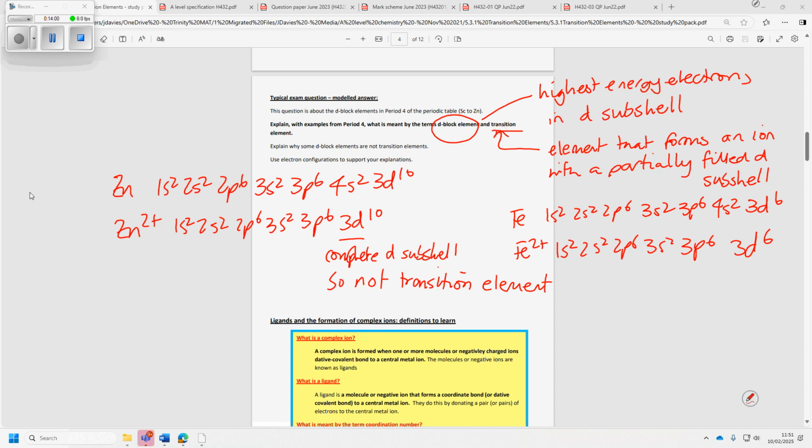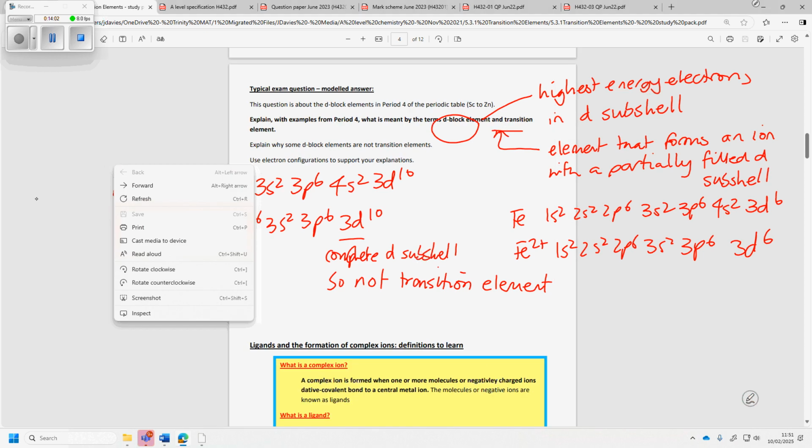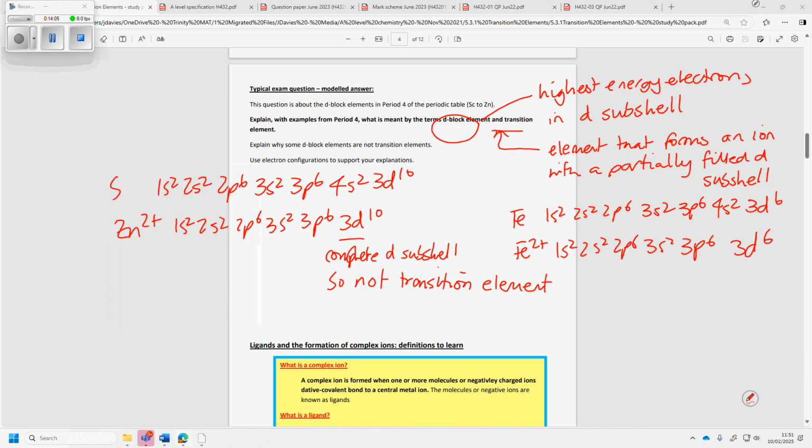When we look at scandium, the electronic configuration of scandium ends in 4s2, 3d1. And when we look at the types of ions that scandium forms, it loses the 2 electrons from the 4s subshell, and it also loses the 3d1 electron. There are no electrons in the D subshell.